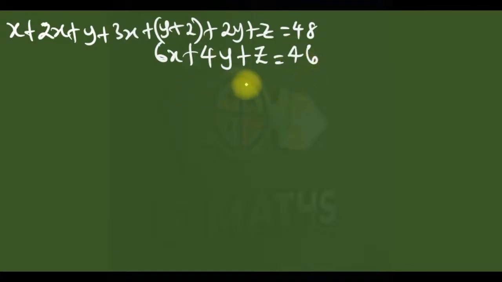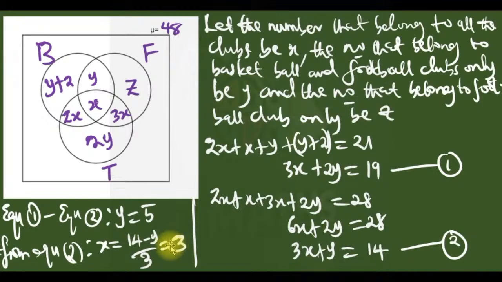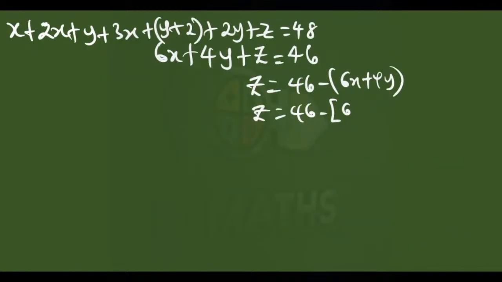We are looking for z, which implies that z is 46 minus (6x plus 4y). We've gotten the value of x as 3 and y as 5.